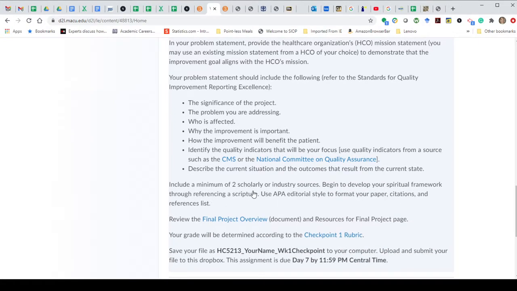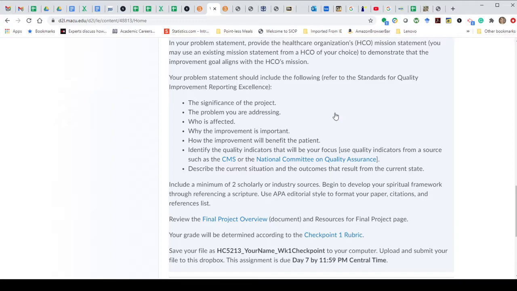Notice that you will need to do research. I've given you a couple of sites that you can use to help you think of quality indicators, because as part of a problem statement, you're going to identify what the problem is, the significance of it, who's impacted by it, why it's important.